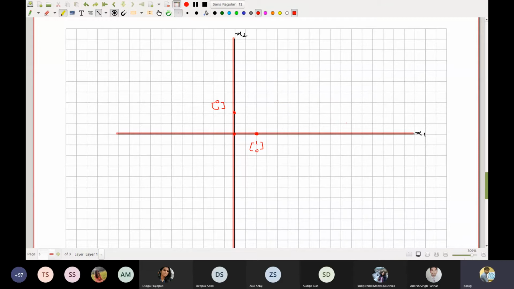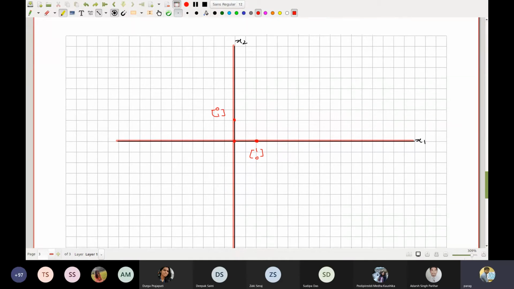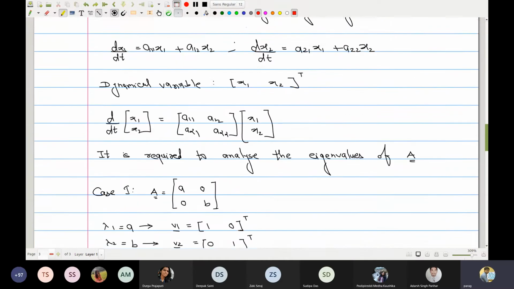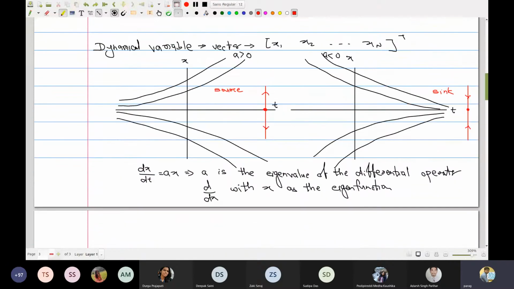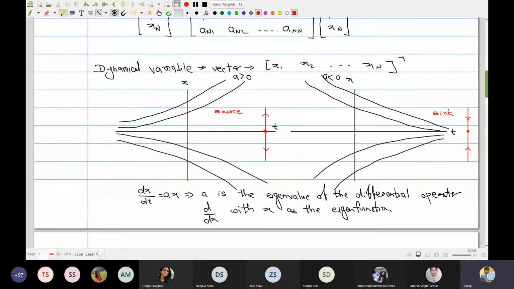So now what I need to do is find out how the solutions converge or diverge away from the equilibrium solution, right? In first order, we will keep on comparing ourselves with the first order solution. In the first order solution, you made this point, and this point was nothing but the equilibrium solution. This was obtained by setting dx by dt equal to 0.